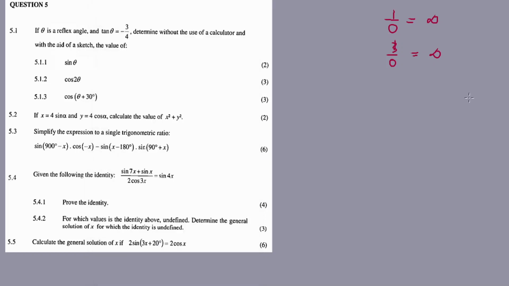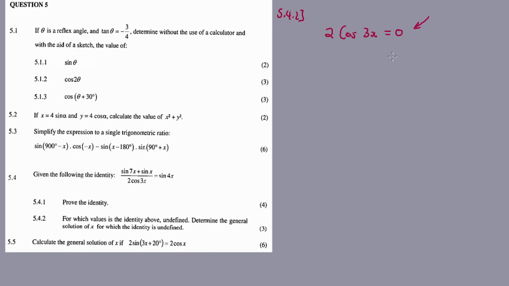So guys, your calculator will scream if you divide any value, any number by 0. So this identity will be undefined if and only if 2 cos 3x is equal to 0. The identity becomes undefined if this is true. If the denominator is equal to 0, then it is undefined.